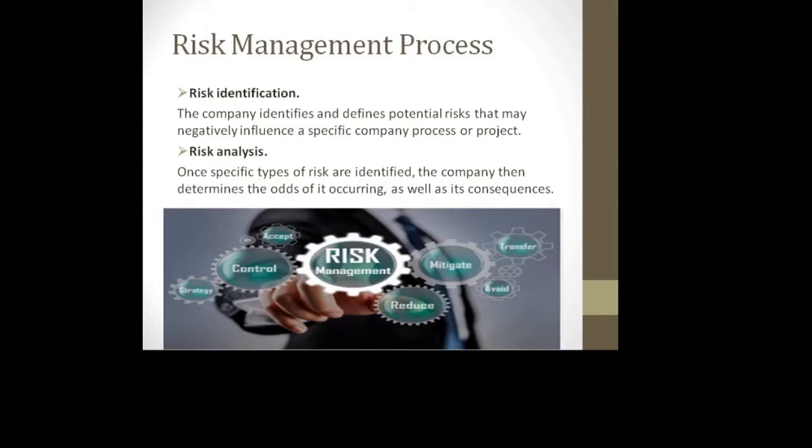And if it occurs, then what will be its consequences? The goal of the analysis is to further understand each specific instance of risk and how it could influence the company's projects and objectives. That should be thoroughly found out by the risk management team.